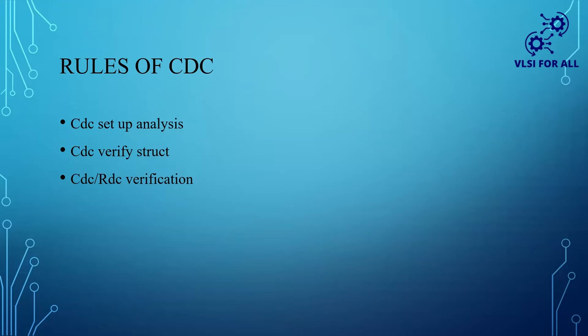Whenever you attend an interview, this is the main question. First they will ask, what are the goals of CDC or what are the rules of CDC? Those are CDC setup analysis, CDC verify, and CDC or RDC verification.